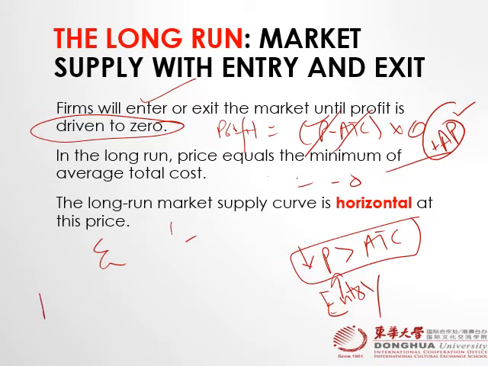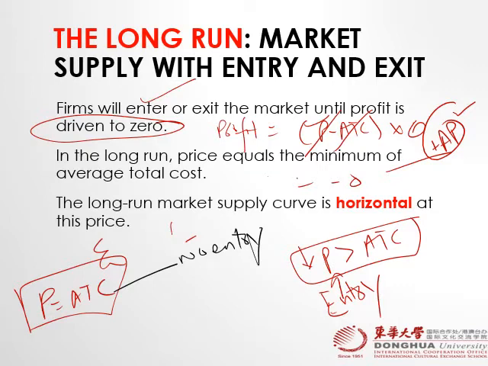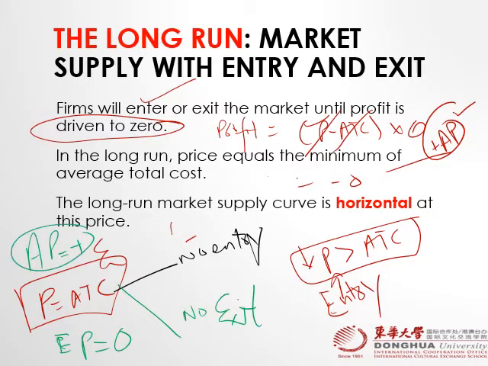If price is equal to average total cost, then what happened? No entry plus no exit. For a longer period of time, the firms that are already in the market will earn economic profit equal to 0, but they will be earning positive accounting profit, right?